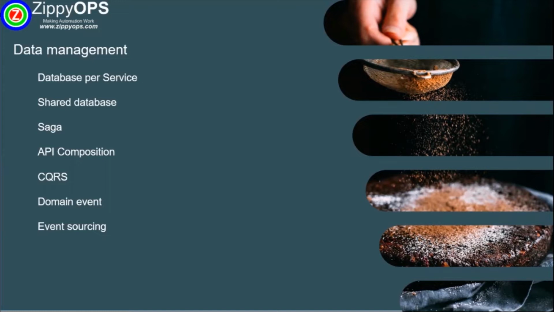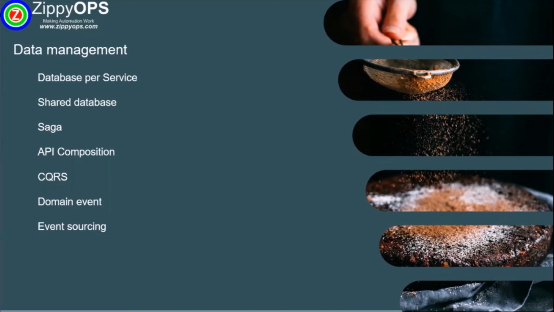The next concept is called a shared database. That means a common database will be used by multiple services. But there is a problem or limitation in the shared database concept: the teams using the database must collaborate well.